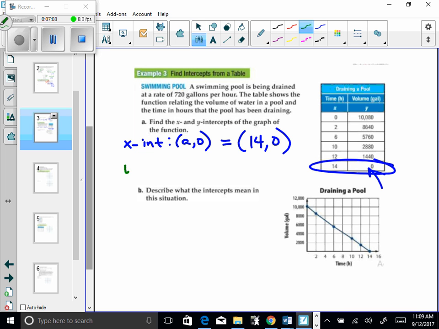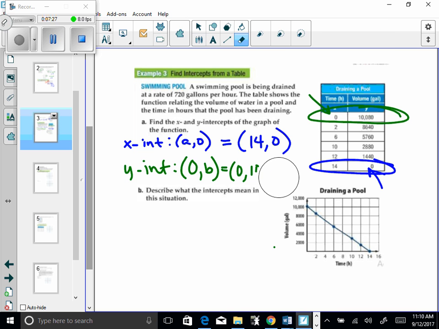Then we have our y-intercept, and that takes the form 0, b. So we're looking for a 0 in our x-coordinate, which is going to happen right here. So the y-intercept would be at 0, 10,080.